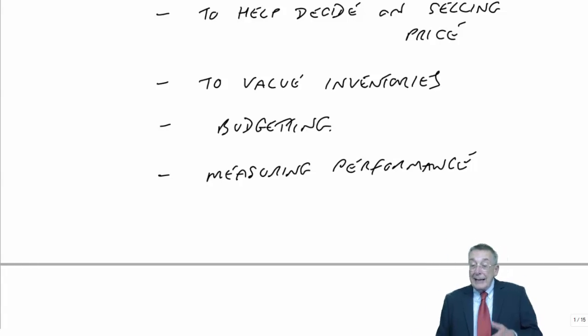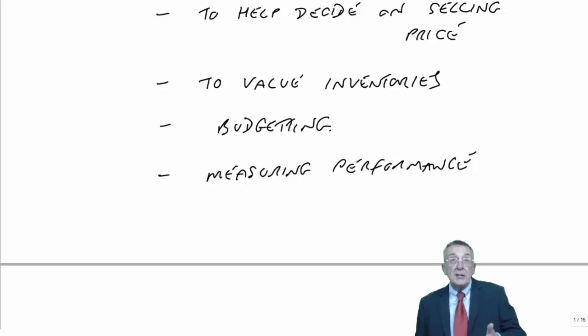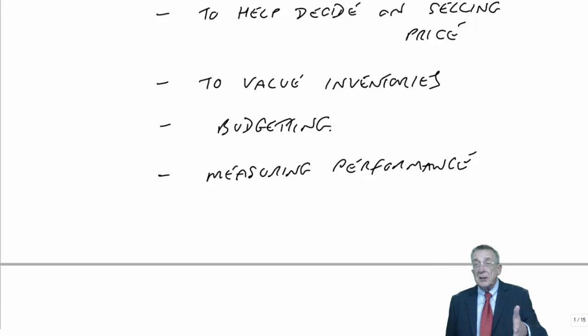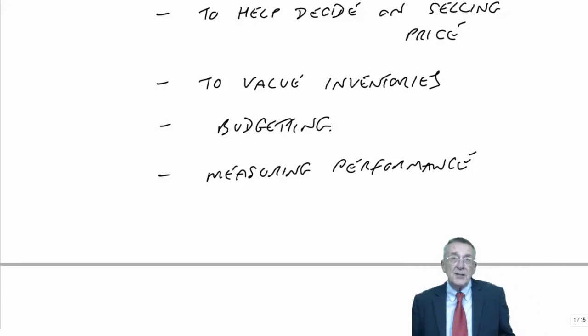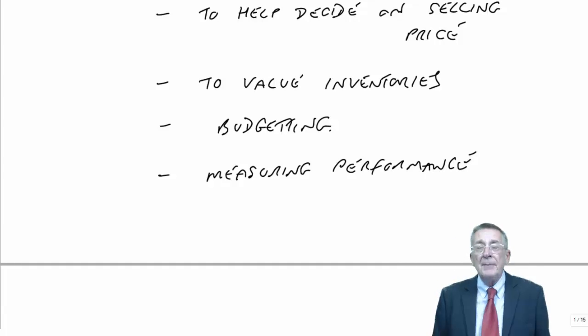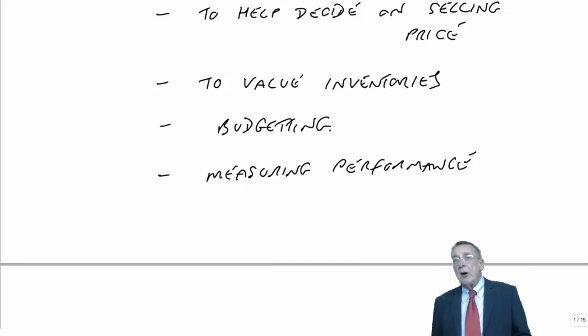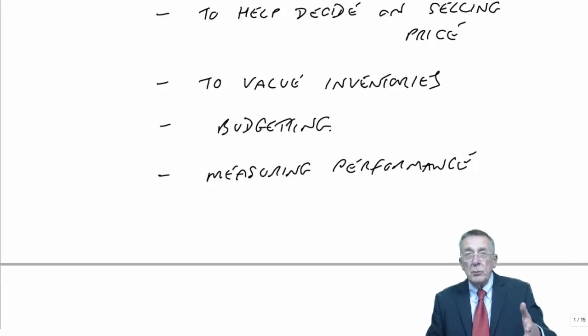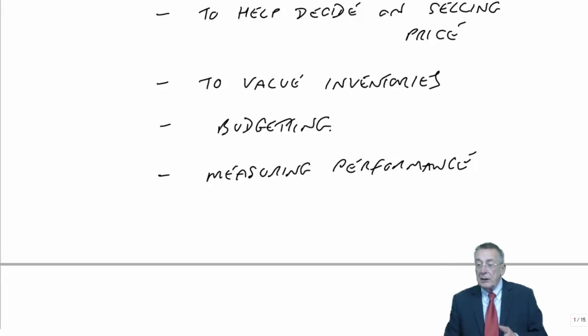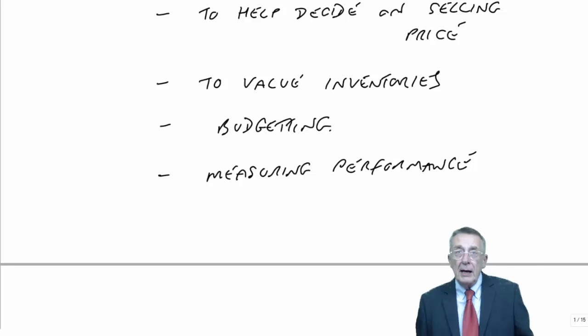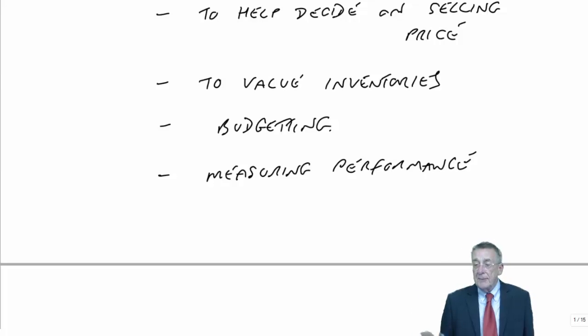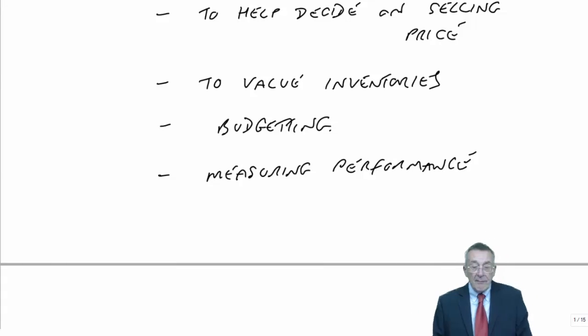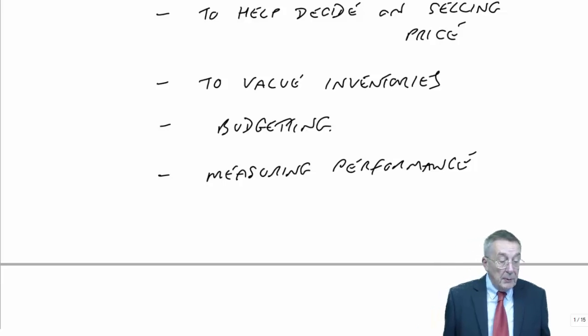But if I've estimated each desk should cost 20 to produce, if I find out it's actually costing 25 to produce, clearly something's going wrong somewhere, and we'll investigate. Am I spending too much on the wood? Am I spending too much on the labour? And so on. But it's certainly a way I can measure how well my managers perhaps are doing, something to compare with. As I say, several reasons why we're interested.